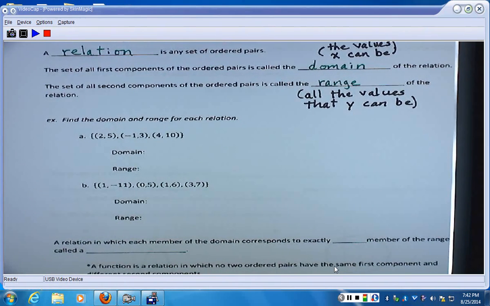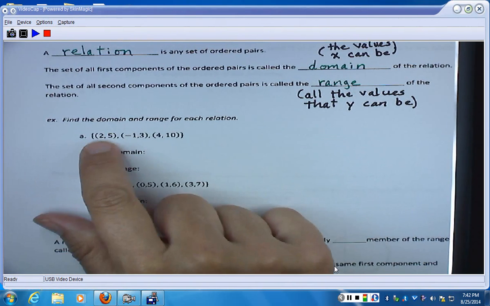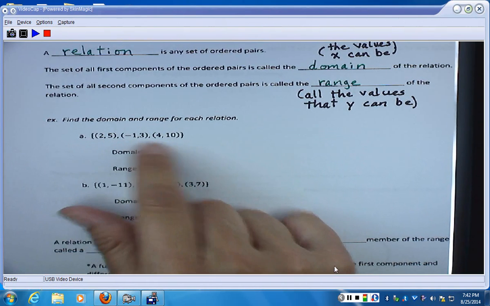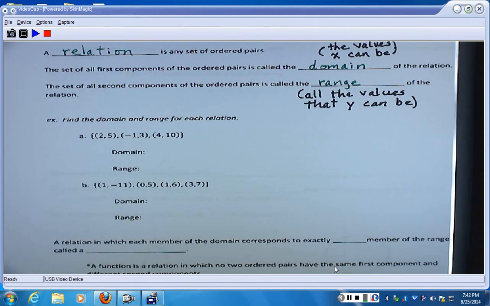Okay, so we're going to find the domain and the range for each relation here. Any set of ordered pairs, x comma y, is a relation. The domain: what values can x be?